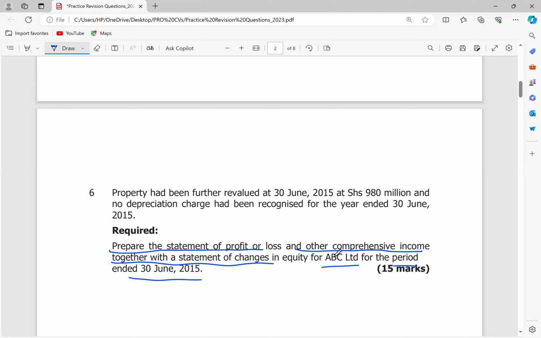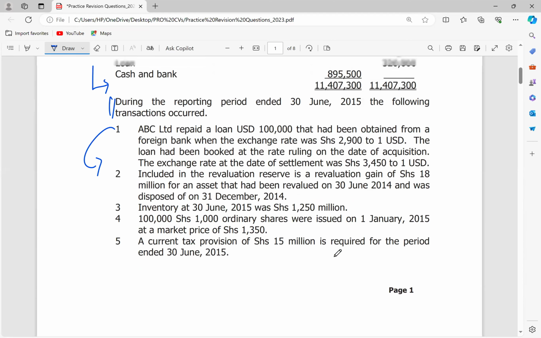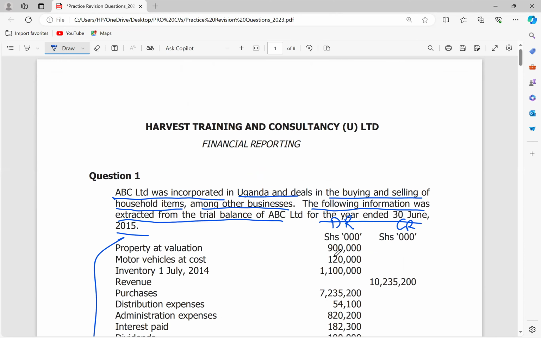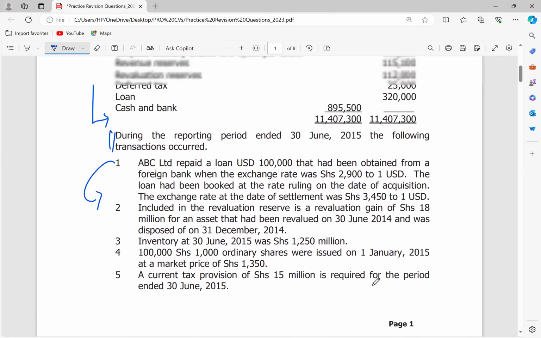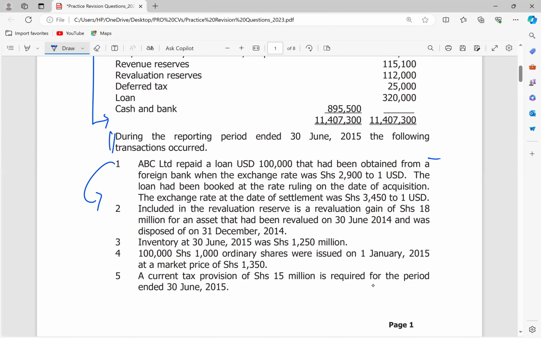So the best approach to this usually compulsory question number 1 is to understand the additional information. Most of the treatment or the workings will be enshrined in the additional information. So for you to manage the additional information in the exam, you prepare a schedule, which looks like this.